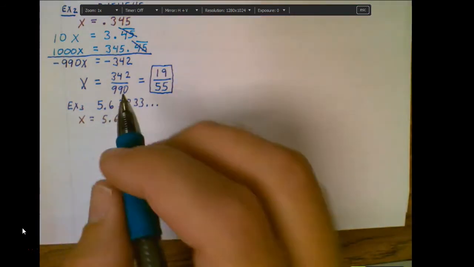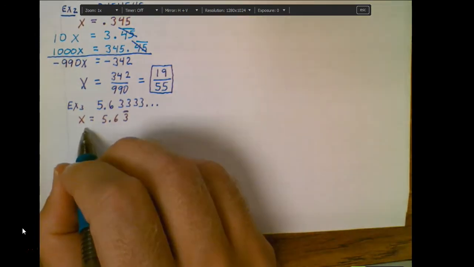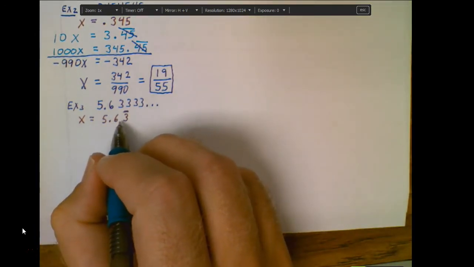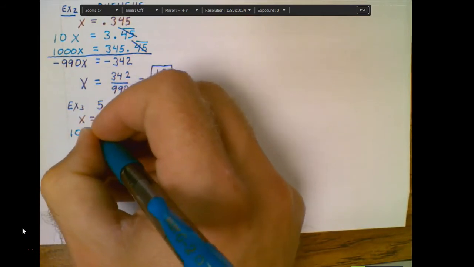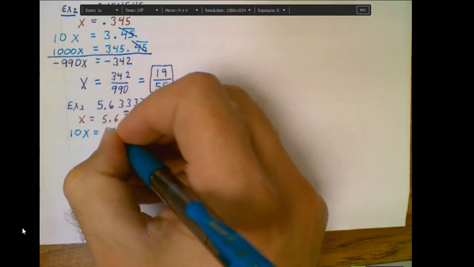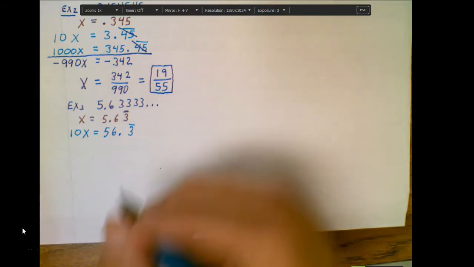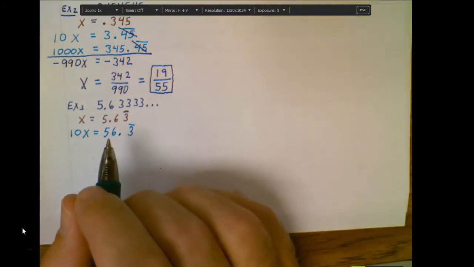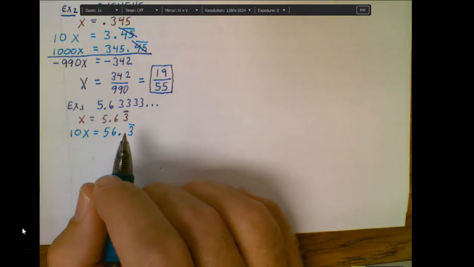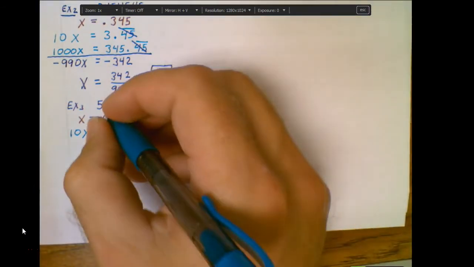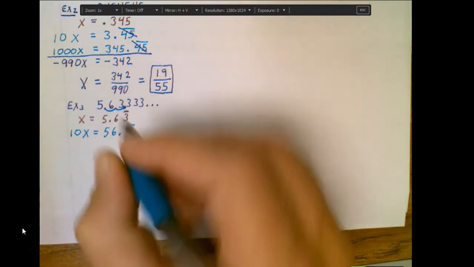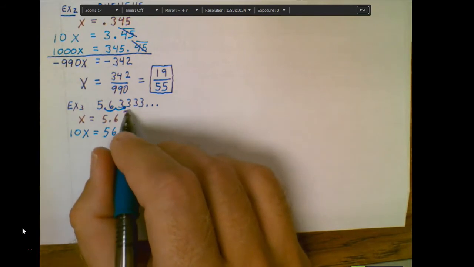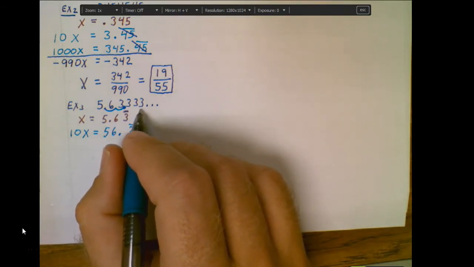So for our two equations, for the first one, I'm going to multiply both sides by 10, so I can put the decimal right here so that I have only repetition after the decimal. And so we're going to say 10x is equal to 56.3 repeating. And then again, I need another equation with nothing but repetition. So if you look up here, I'm going to bump it over 2 places so that I have a new equation, but again, I only have 0.3 repeating after the decimal.